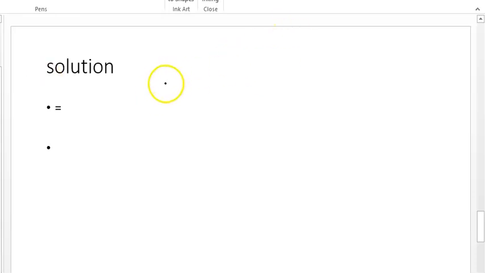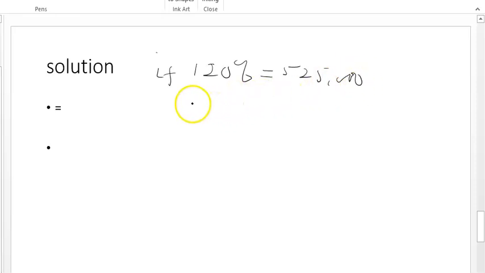From the question, we know that the selling price is 525,000. So if 120% is equivalent to 525,000, then what about the cost price of all the articles?